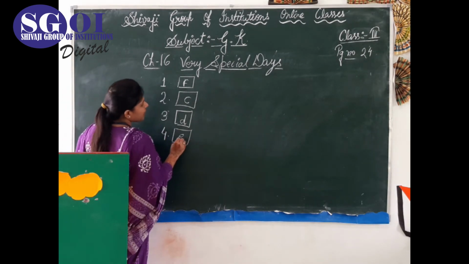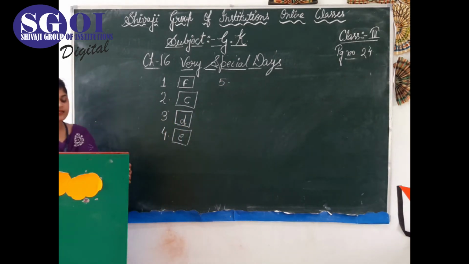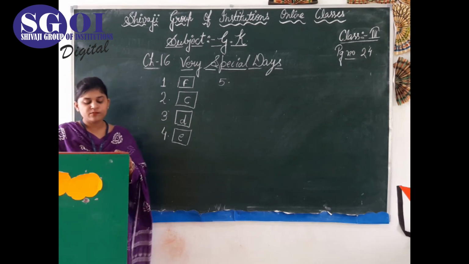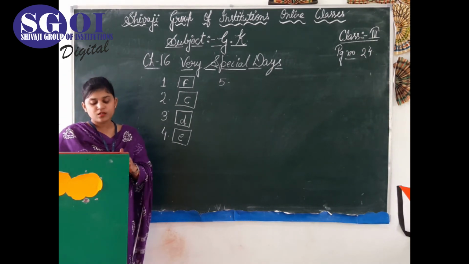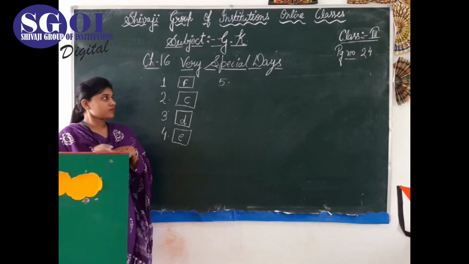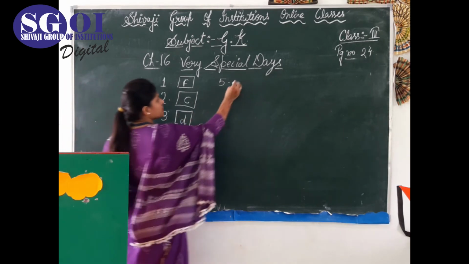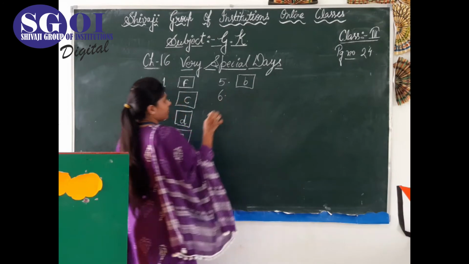International Yoga Day. Move to fifth. This day is the birthday of Dr. Sarvapalli Radhakrishnan. It is celebrated on 5th September every year to honor our teachers. Write here in the box B. Teachers Day.